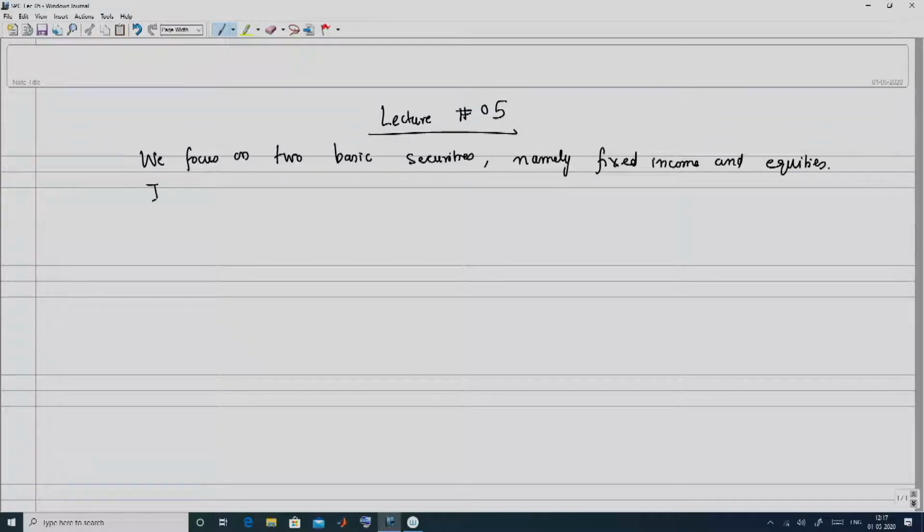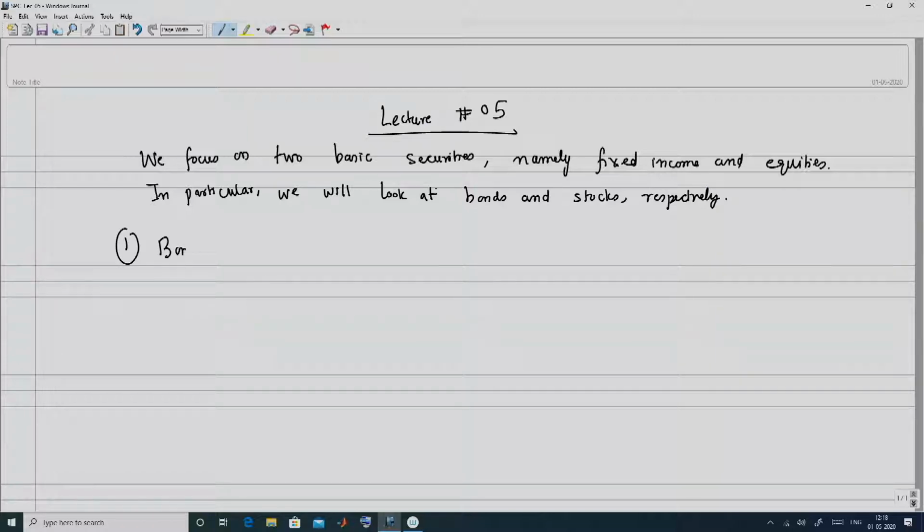And in particular, we will look at bonds and stocks respectively. So, let me first start off with a discussion on bonds.